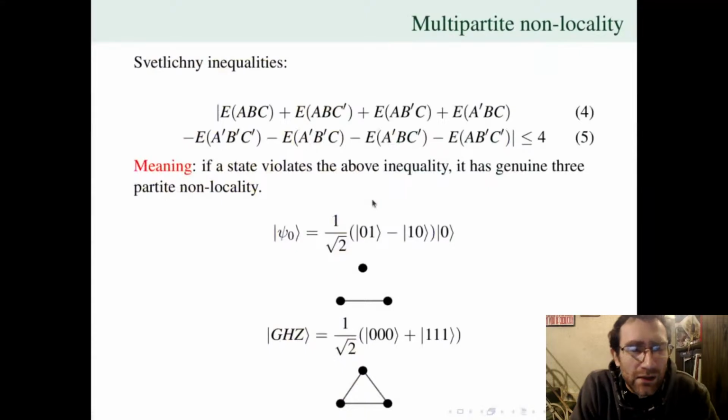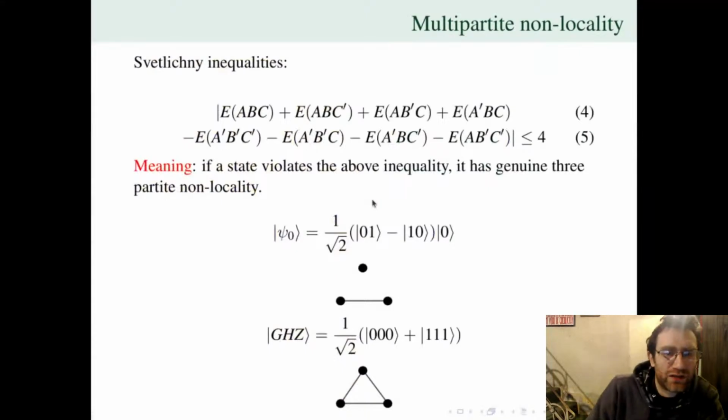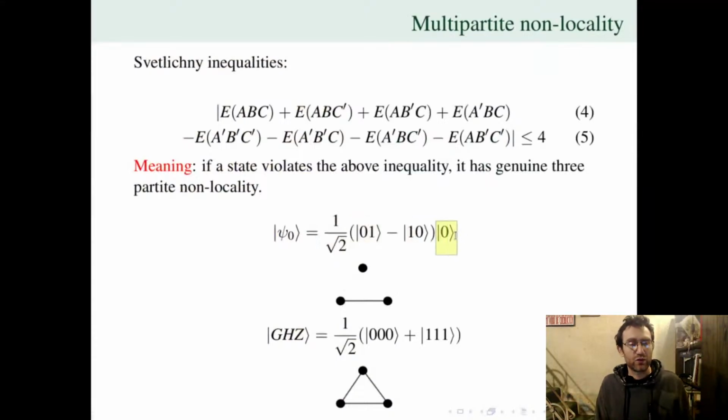So in order to distinguish a situation like this from a situation like this, let's speak a little bit about it. Suppose that you have a state in which the first 2 particles are prepared in the singlet state, but the third one is completely disentangled from the first 2.